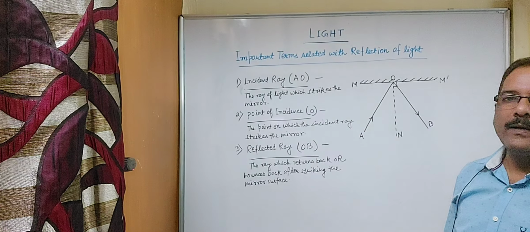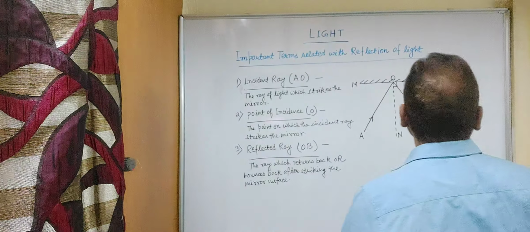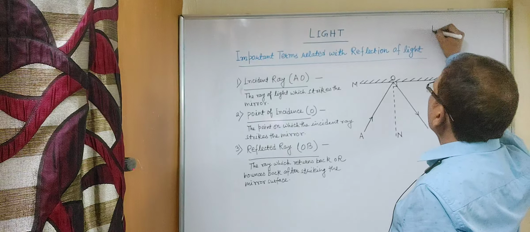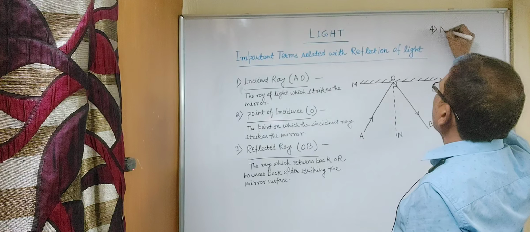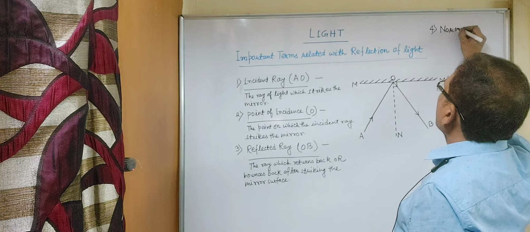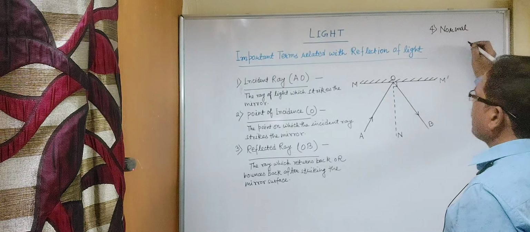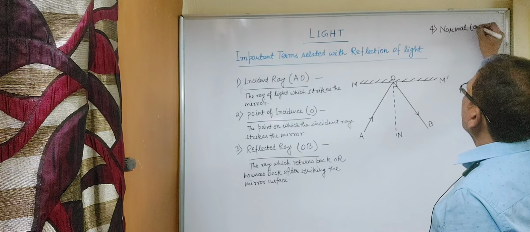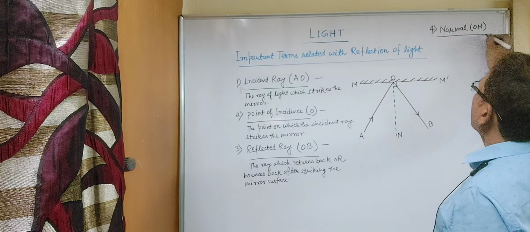Now the fourth point is normal. In this diagram, ON is the normal.